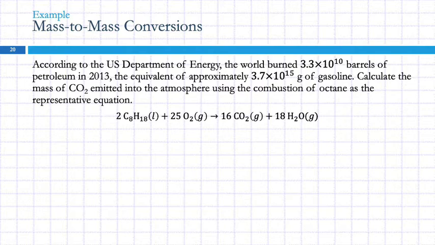Well, let's identify what we were given. It usually involves numbers. Here we've got this many barrels of petroleum. Haven't used barrels yet. And this many grams of gasoline. And they're asking us for mass of CO2.